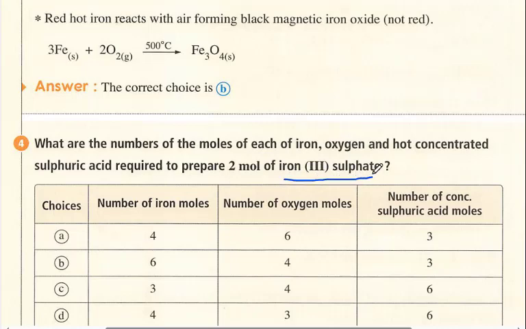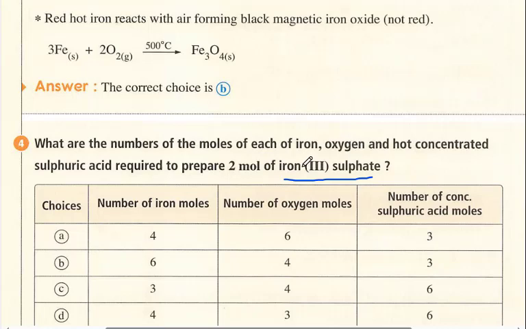Iron 3 sulfate is a product of the reaction between ferric oxide Fe2O3 and conc sulfuric acid with heat. So 1 mole of ferric oxide Fe2O3 produces 1 mole of ferric sulfate.